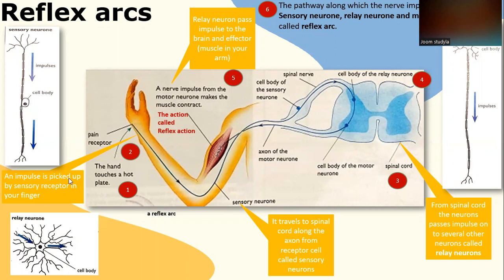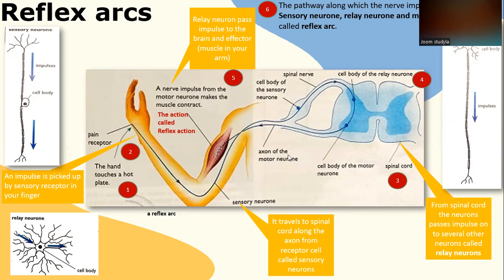An impulse is picked up by a sensory receptor in your finger. And then it travels to the spinal cord along the axon from the receptor cells, which is called a sensory neuron.